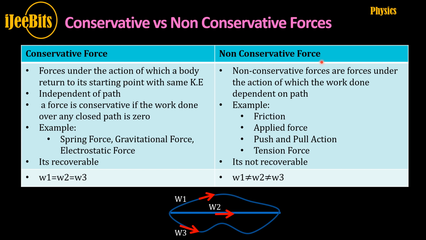Whereas for non-conservative forces, the work is path dependent, and hence W1, W2, W3 may vary. So if the work done on every possible path is equal, we can say it's conservative; otherwise, non-conservative. As simple as that. In conservative forces, the energy is recoverable, and in non-conservative forces, it's not recoverable.